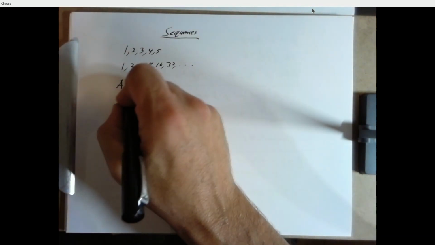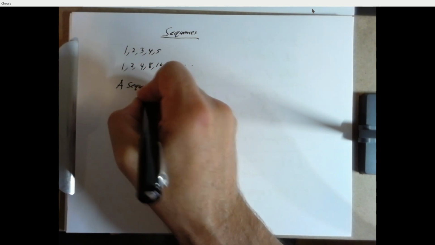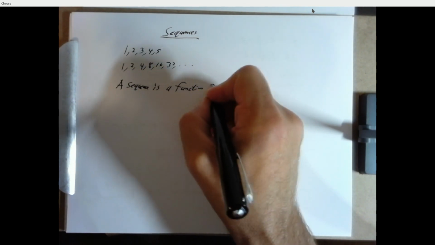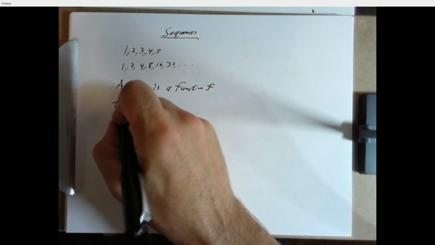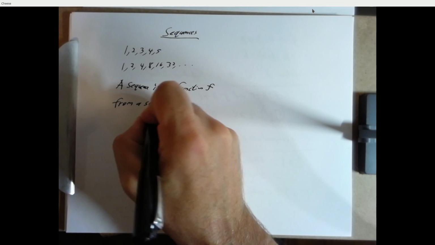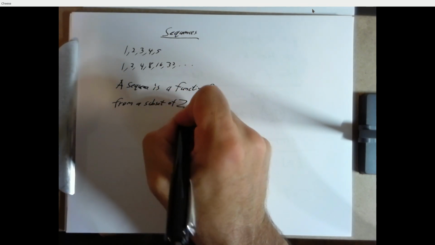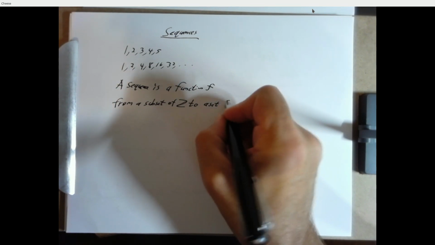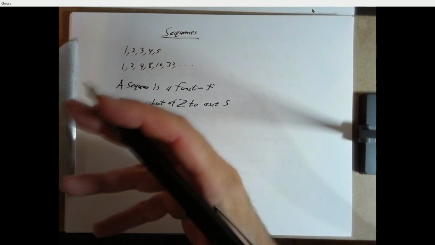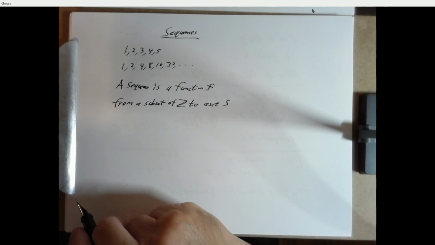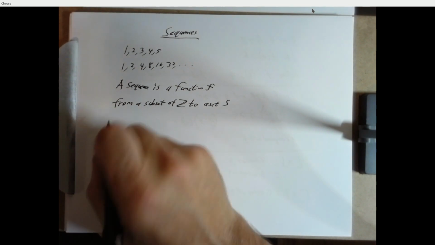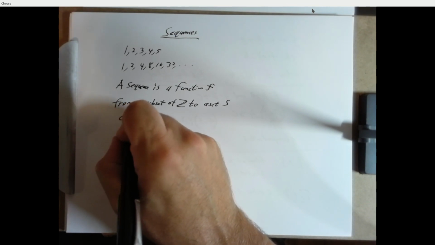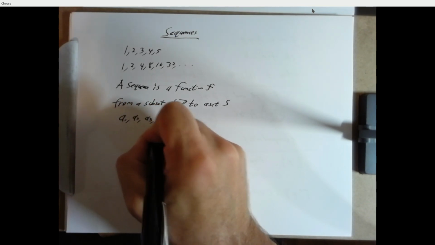A sequence is a function f from a subset of the integers, so from a subset of Z to a set S. And this gives us a sequence of elements of S. And we can write our sequence as a1, a2, a3, and so on.